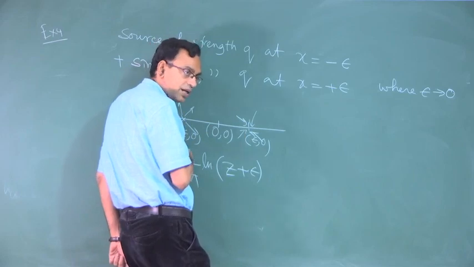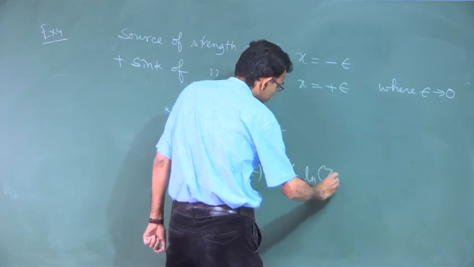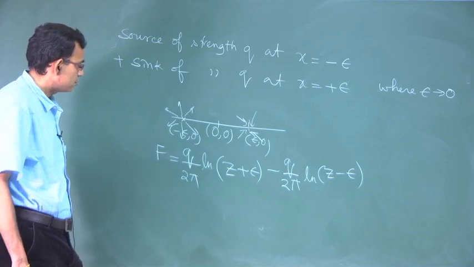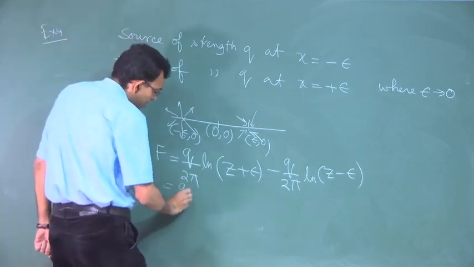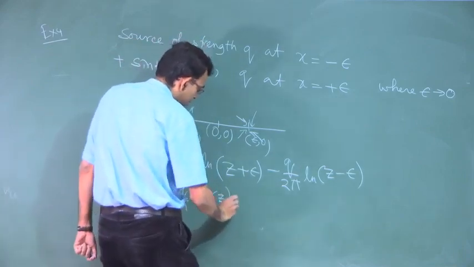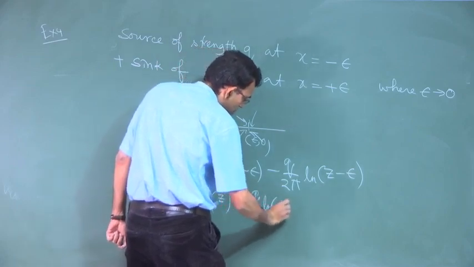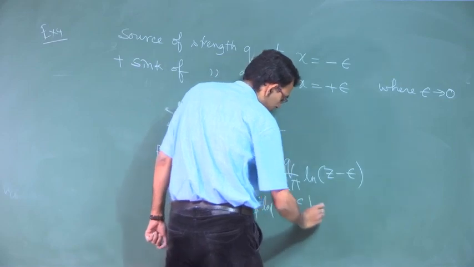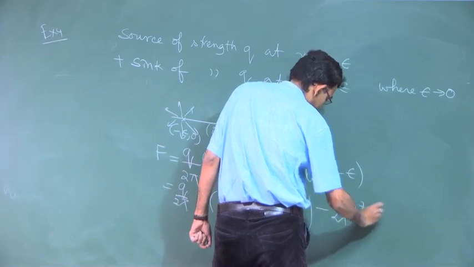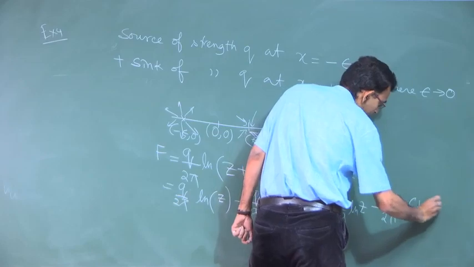So, q will be replaced by minus q. So, we can write q by 2 pi ln z plus q by 2 pi ln 1 plus epsilon by z minus q by 2 pi ln z minus q by 2 pi ln 1 minus epsilon by z, right.